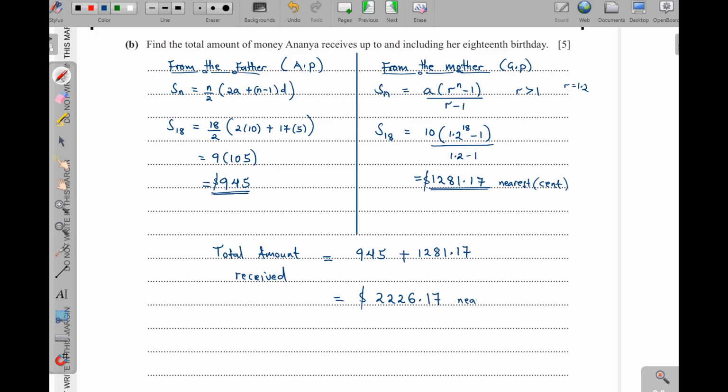I've rounded this one off to the nearest cent. But suppose you round this one off to 3 significant figures, you have 2230. Okay, so that is that.